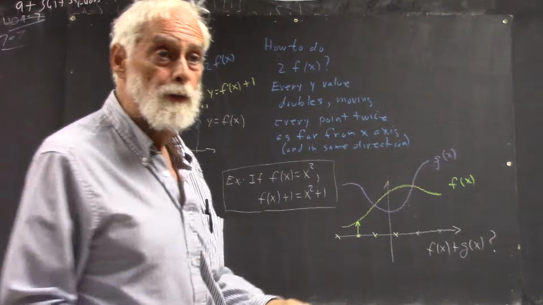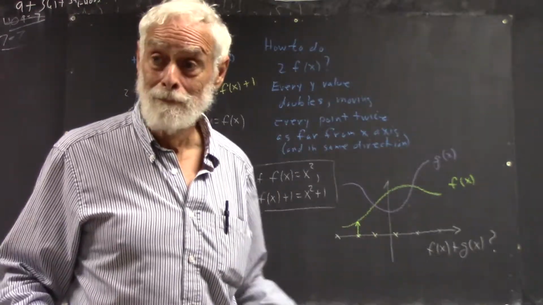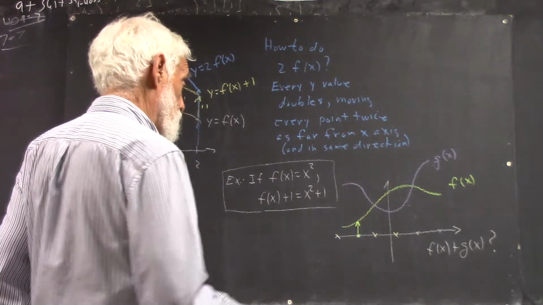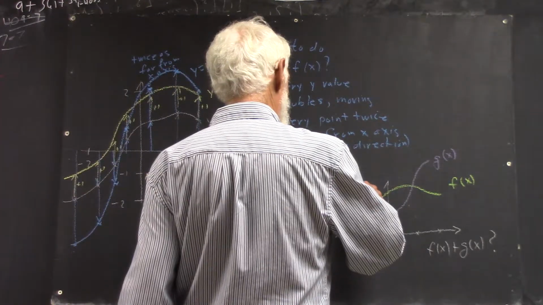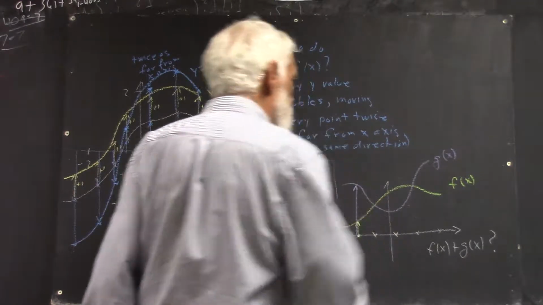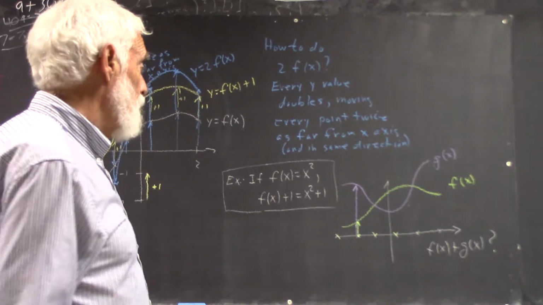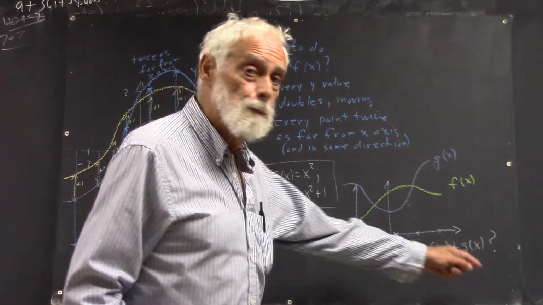And hopefully what you've done up to this point prepared you for really understanding what I just said, and I think it does. I think it'll be good. And then we go up to here, and there's the value of g of x, right? Now, how am I going to get the value of f of x plus g of x?